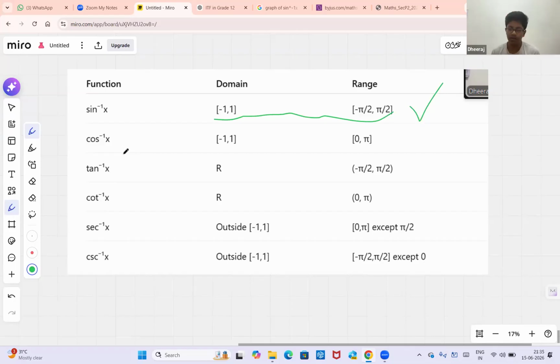You should know what is sine inverse x. Sine inverse x is only defined from minus 1 to 1, and range is minus pi by 2 to pi by 2, and you should be able to figure out how to draw the graph. I'm not giving any questions today, but next class onwards we'll do questions as well.